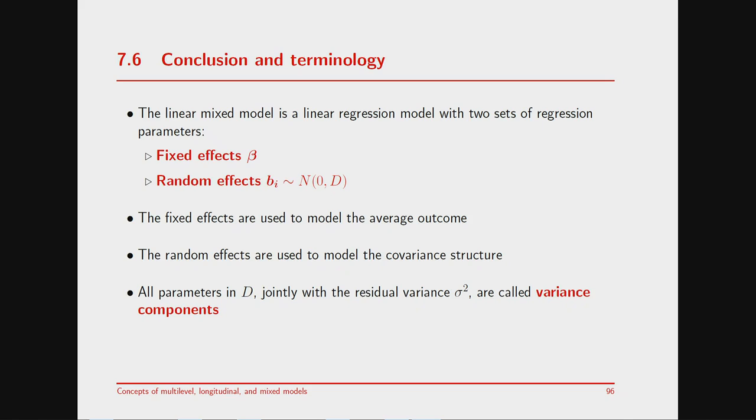So there's many terminologies out there: random effects models, mixed effects models, mixed models, multi-level models, repeated measures models, longitudinal data analysis models, variance components models, and they're all basically doing the same thing. So don't get confused by different terminologies. Just look at what is the model, and then you will see that it's all the same thing.